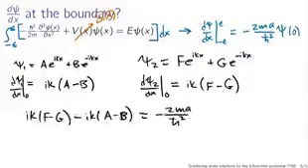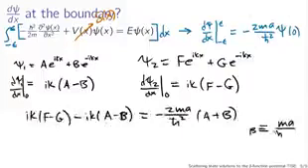Now, if you look at either one of these definitions, you can see what happens when we substitute in x equals 0. We get a plus b for this one, or f plus g for this one, and I have a bit of a choice as to which one I want to use. In this case, I'm going to use a plus b, and you'll see why in a moment. What we end up with now, if you manipulate this expression a little bit and define a useful constant, in this case the constant is going to be beta, just to save some writing, beta is defined to be ma over h bar squared k.